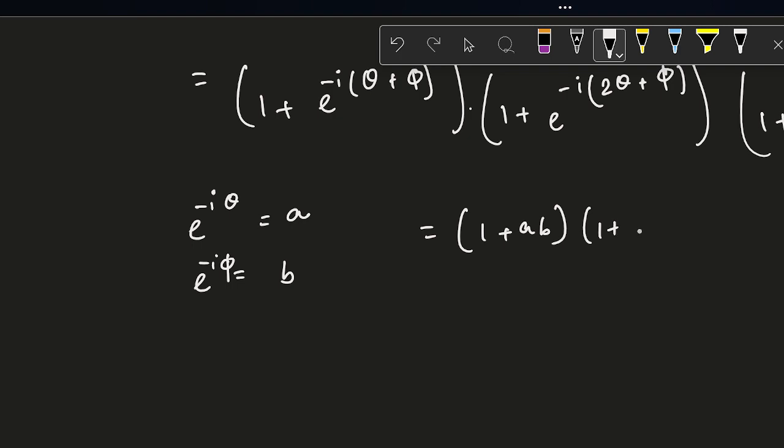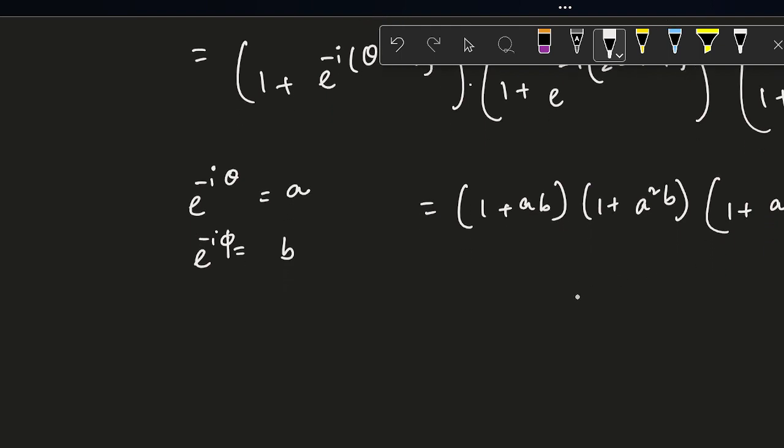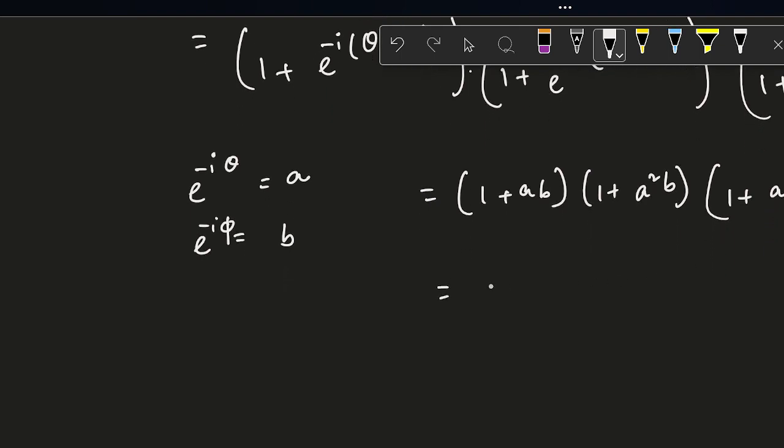And the second term is just 1 plus a squared b, because here e to the power of minus 2i theta is there, so it is a squared. And then for the third term, it is a cubed b, e to the power of minus 3i theta. And then for the last term, you have a to the power of 4 b, right? So you just expand that out. First let us do the first two terms.